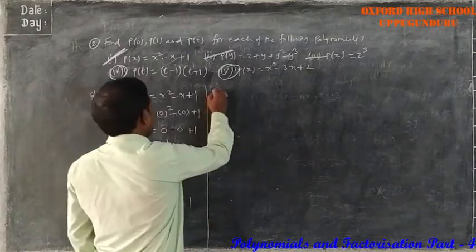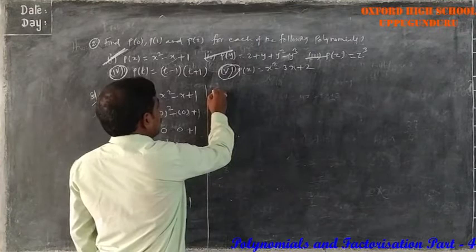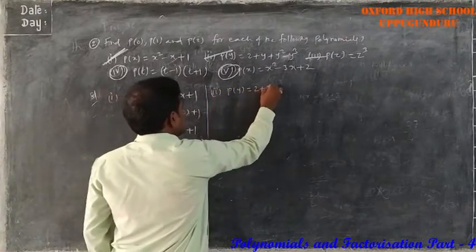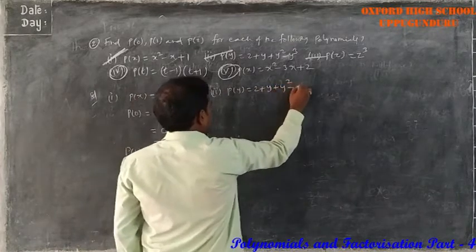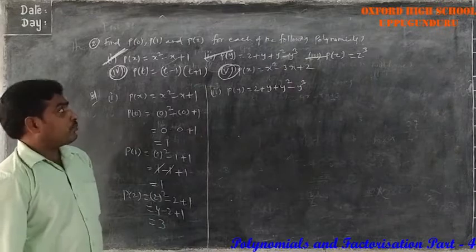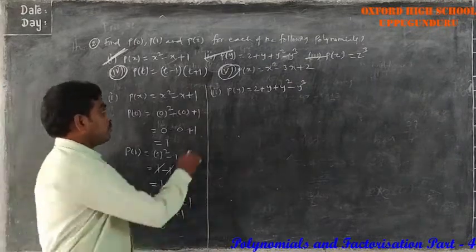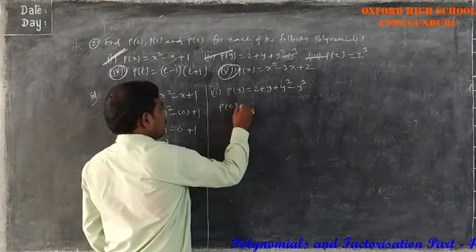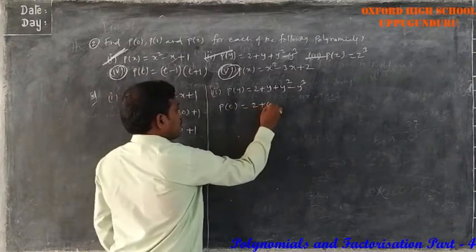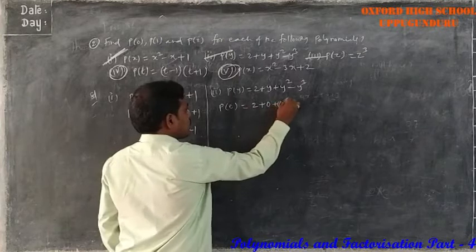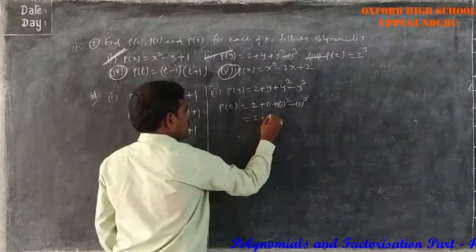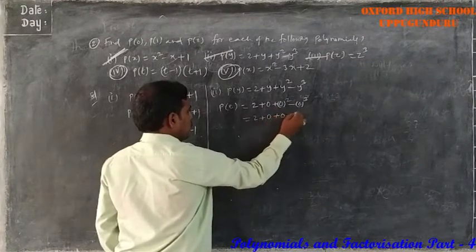Next, second one, P of y equal to 2 plus y square minus y cube. For this also you have to find P of 0, P of 1 and P of 2. P of 0 equal to, in place of y you have to substitute 0. 2 plus 0 square minus 0 cube. 2 plus 0 square also 0, 0 cube also 0.